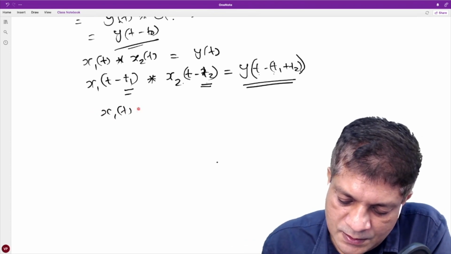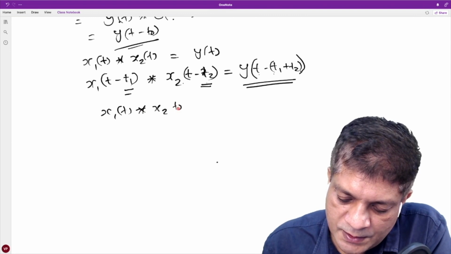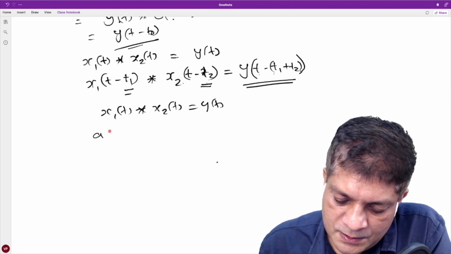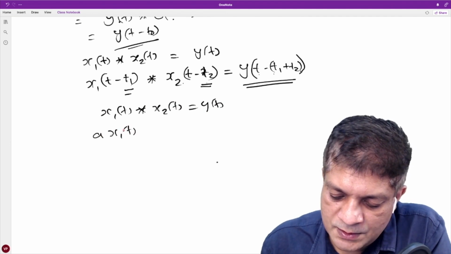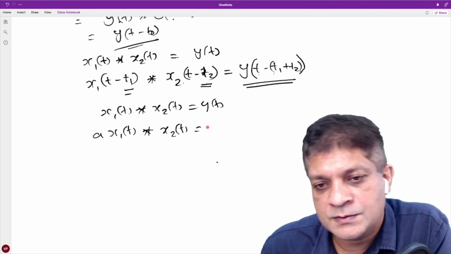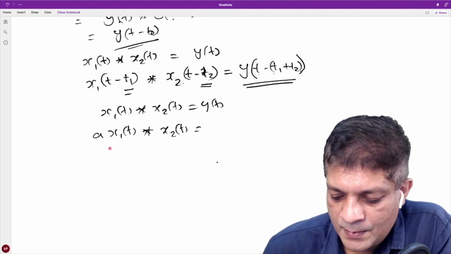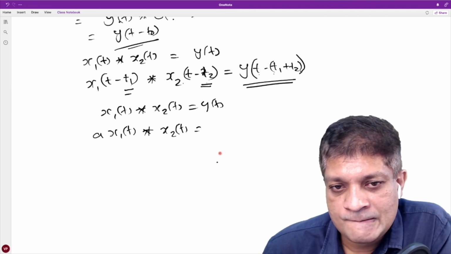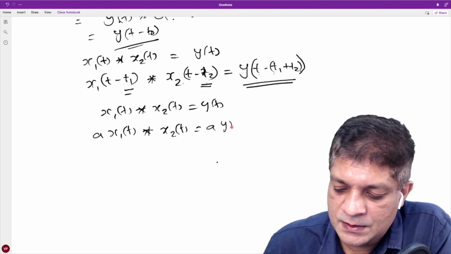Another property: if x1(t) convolution x2(t) is y(t), then what about a constant times x1(t) convolution x2(t)? Multiplying with a constant, what will happen? It is a times y(t). It is straightforward.